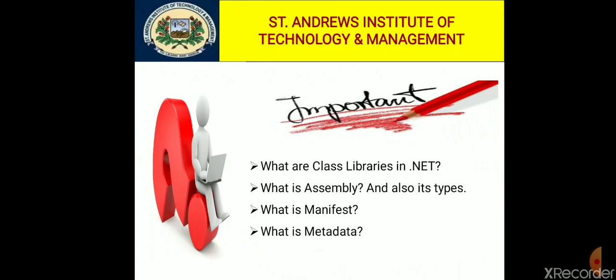The base class library is a subset of the entire class library, and the framework class library is a superset of the base class library. Next question is, what is an assembly and what are its types? There are three types of assemblies: private assemblies, shared assemblies and satellite assemblies. Next question is, what is a manifest? And the last one is, what is metadata? These are the important questions for university purposes.